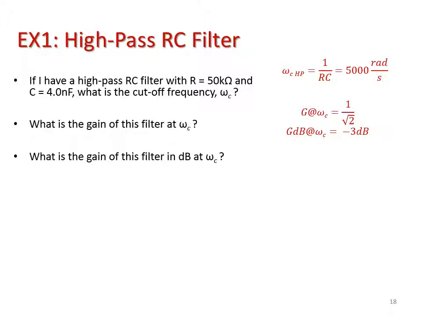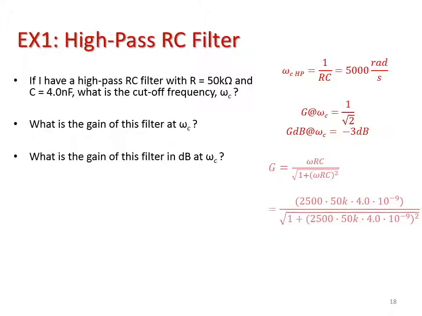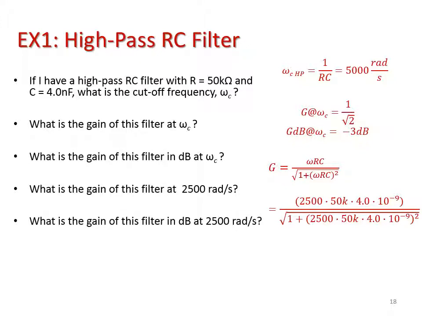Now we're going to look at the total gain. The total gain equals omega RC over the square root of 1 plus omega RC squared, and we can start plugging values in to solve for our gain. Our gain is 0.477, or again about 7 decibels.